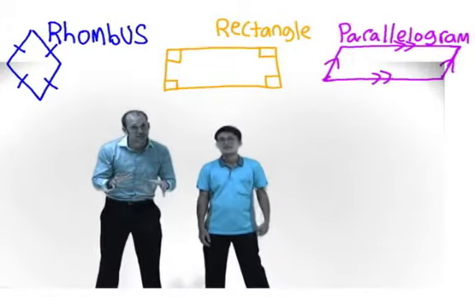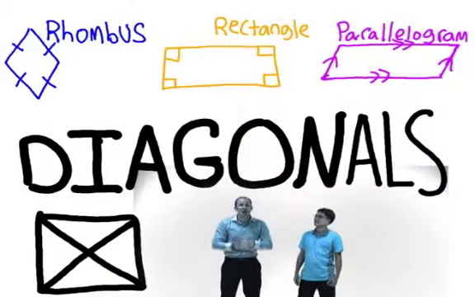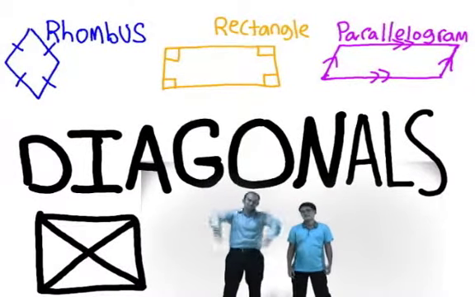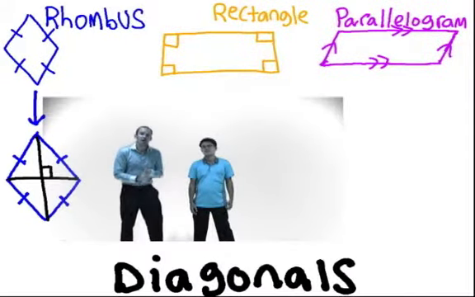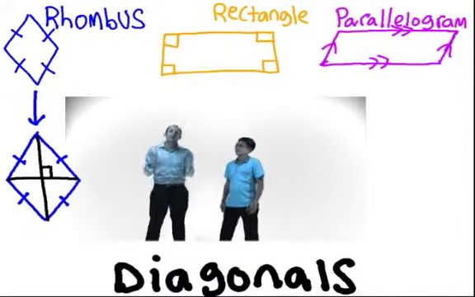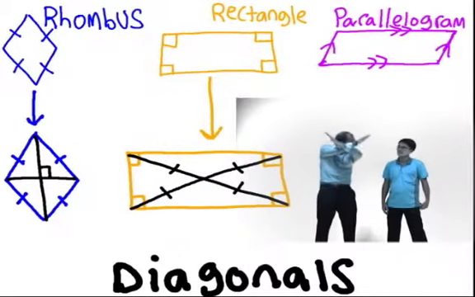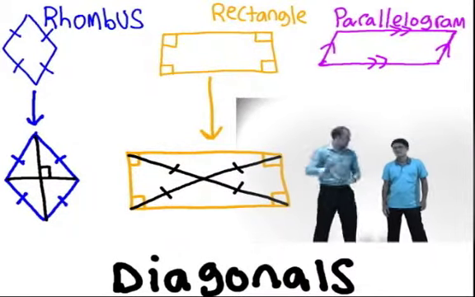So, let's talk about a rhombus first. A rhombus is going to have all four sides the same. But also, if we talk about the diagonals of a rhombus, they are going to be perpendicular. They're going to have 90 degrees right at the perpendicular. For a rectangle, the diagonals are going to be congruent.